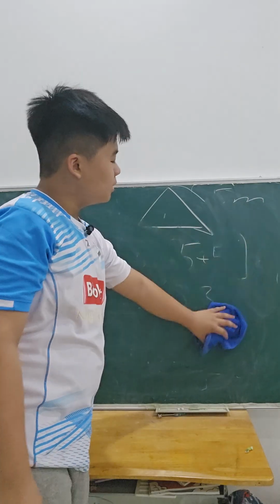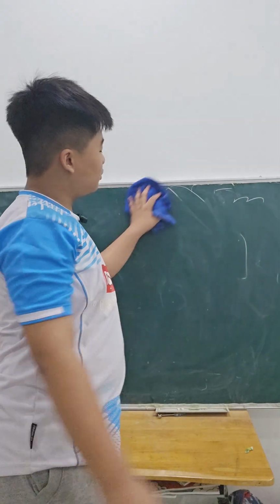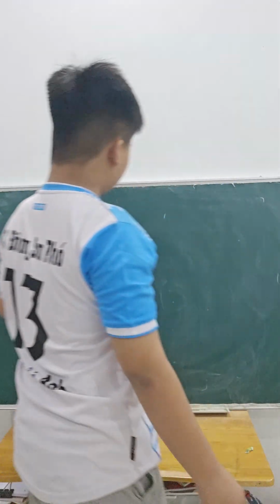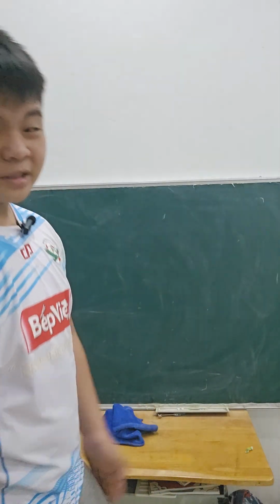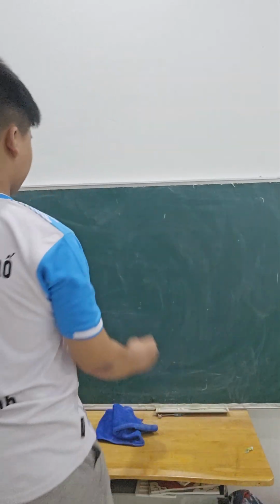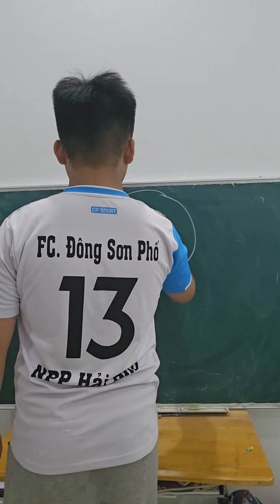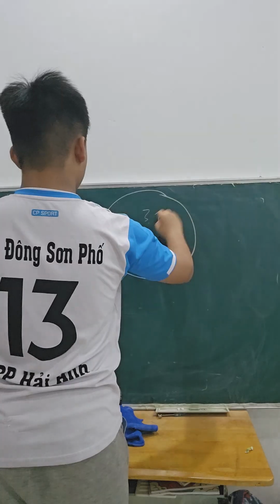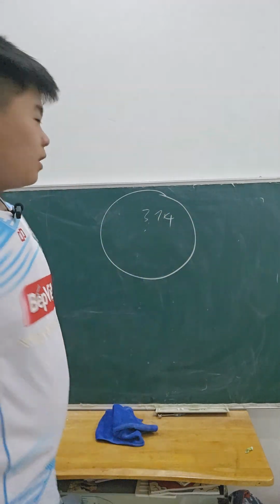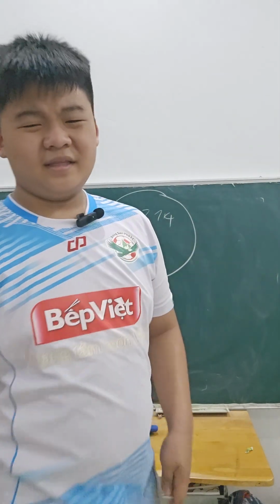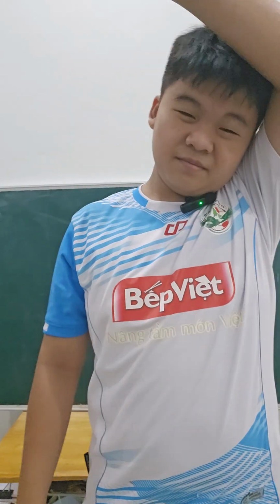So now we're going to learn how to calculate the square area of a circle. A circle is much more complex. There's the center of the circle, pi, 3.14, but we're here to calculate the square area of the circle, not its center.